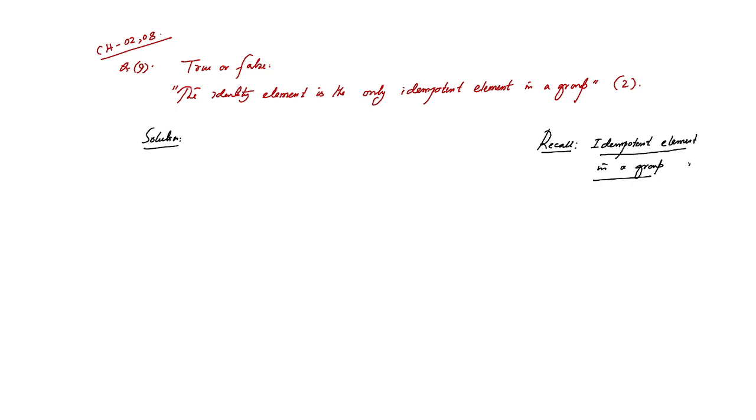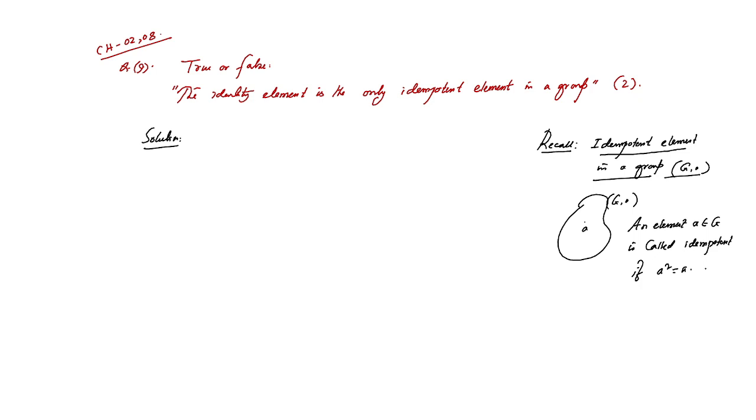Idempotent element in a group G naught. So still consider it is a group and A is an element. An element A belonging to G is called idempotent if A square equals A. If that relation holds, then it is an idempotent element.